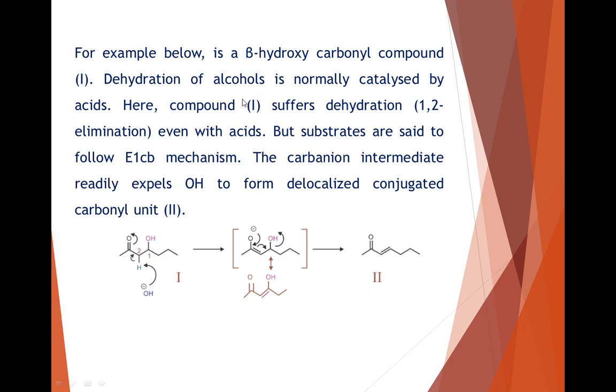We can cite the example of a beta hydroxyl carbonyl compound to demonstrate this mechanism. So the beta hydroxy carbonyl compound is number 1, as shown on the screen. The base abstracts this proton, so that this bonded electron pair is shifted to the carbonyl carbon, and it becomes a double bond, so that the already existing double bond is shifted over this oxygen, and here it will have the O minus.